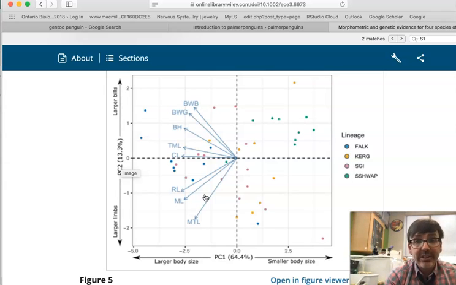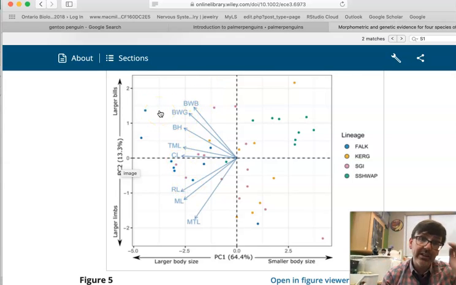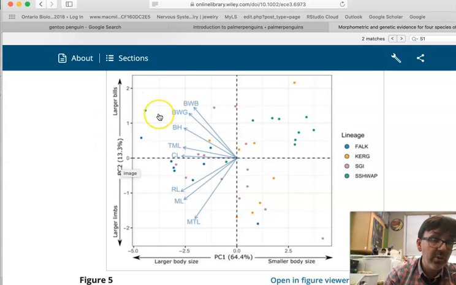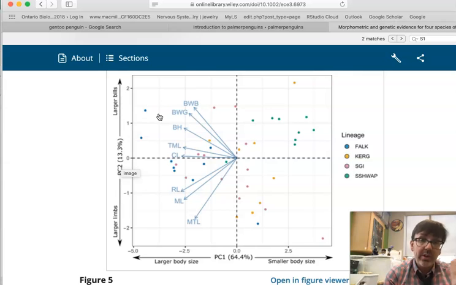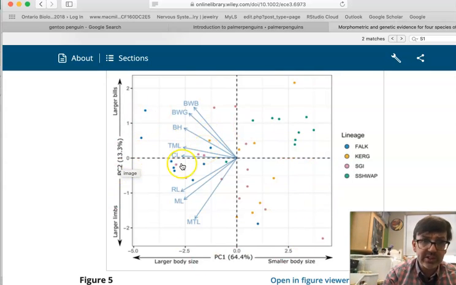This means that individuals that have long toes, long manuses, long radiuses, essentially big-limbed penguins, will have large negative scores, and those that have short and stubby little limbs will have large positive scores. So using just these two axes, I can describe a lot of the variation when it comes to body size variation across these different sites. They've color-coded these for convenience, but they haven't done any sort of statistical tests on them.